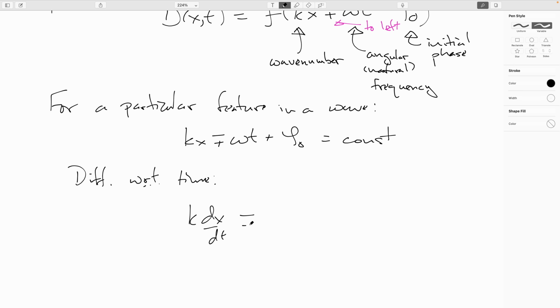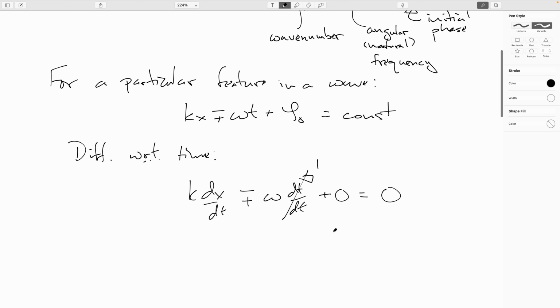All right, minus or plus. So for the second term, omega is a constant, I can pull it out of the derivative. And then I have dt dt, which is the fancy way of writing the number 1. And then for the third term, that's differentiating phi naught, which is a constant, so that just gives me 0. Differentiating a constant also gives me 0.